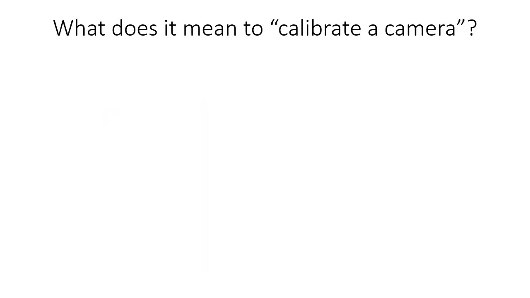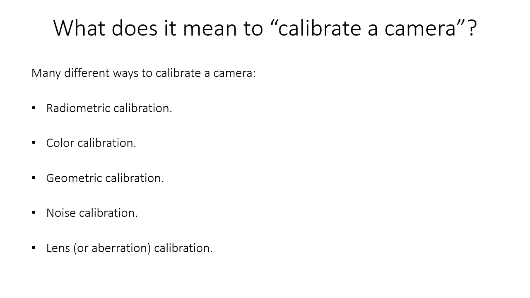Okay, let me summarize what it means to calibrate a camera. There are many different ways to calibrate a camera. In this lecture, we ran through geometric calibration. I think it is the most important calibration step.